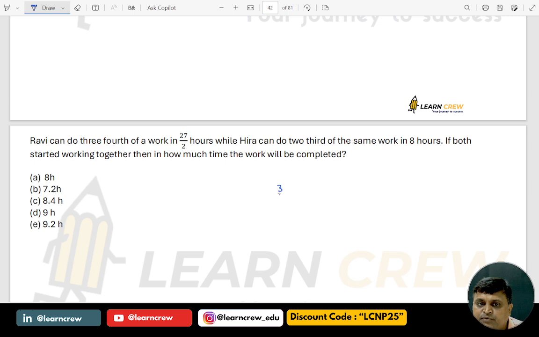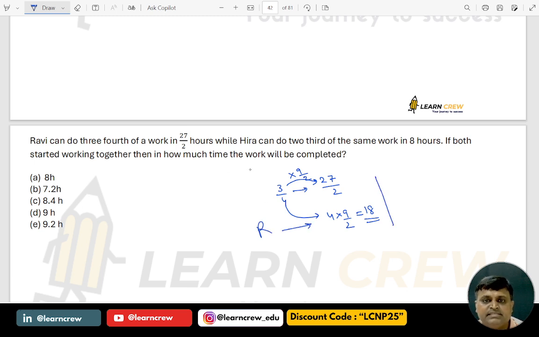To complete 3/4 of the work, it is 27/2, so 3 into 9/2 is 27/2. So 4 into 9/2 would be 18. So Ravi alone can complete the work in 18 days, and Hira can do 2/3 of the work in 8 days.